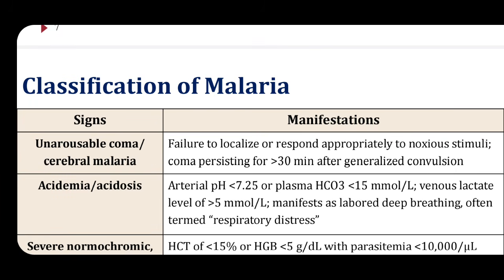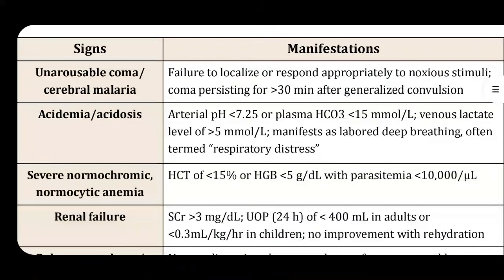The patient may come with acidemia or acidosis, that means arterial pH of less than 7.25 or plasma HCO3 of less than 15 millimole per liter. Severe chronic normocytic anemia: hematocrit of less than 15% or hemoglobin of less than 5 gram per deciliter with parasitemia of more than 10,000 per microliter.